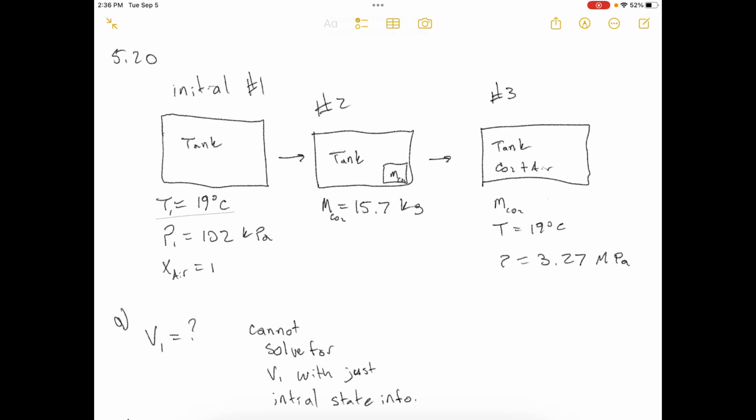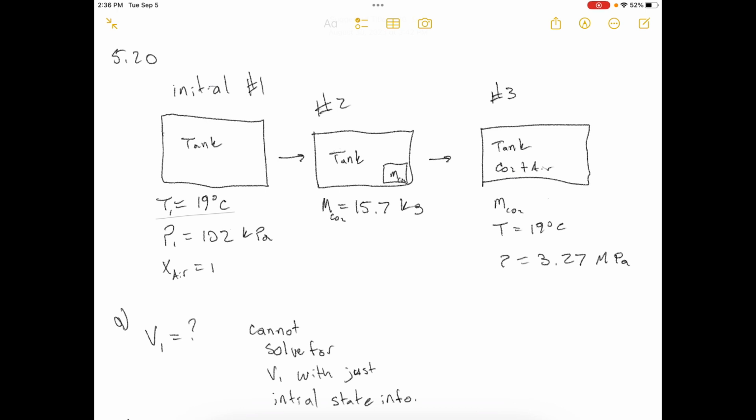Today we're working out of Elementary Principles of Chemical Processes, 3rd edition, and we are doing problem number 5.20. The problem statement says a tank in a room at 19 degrees Celsius is initially open to the atmosphere on a day when the barometric pressure is 102 kilopascals.